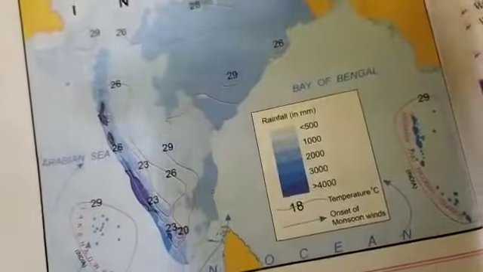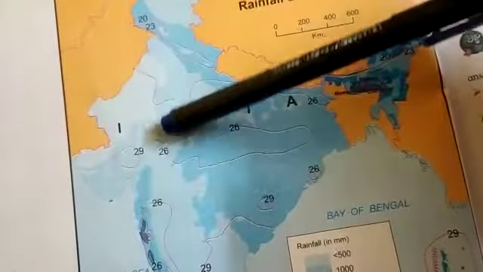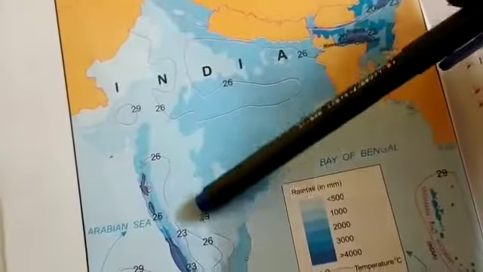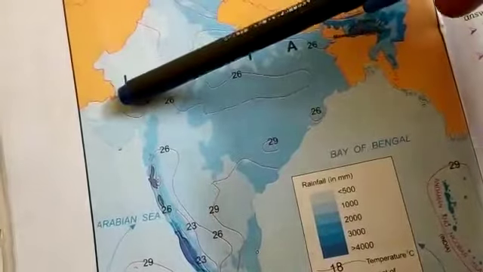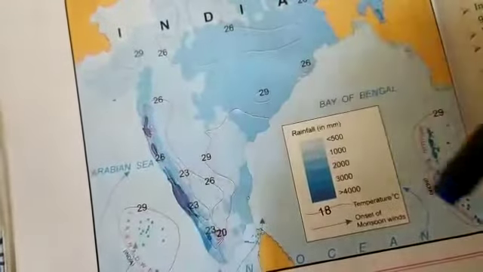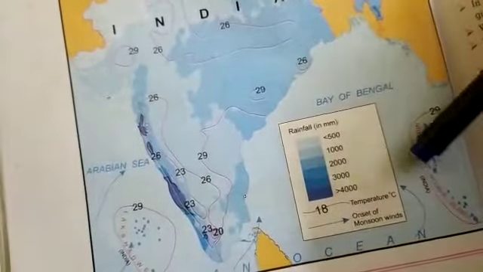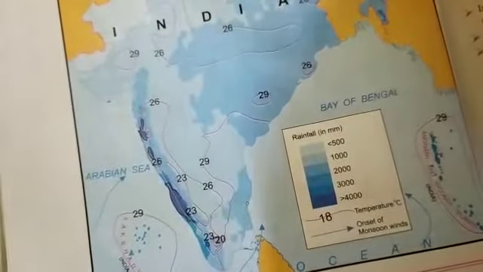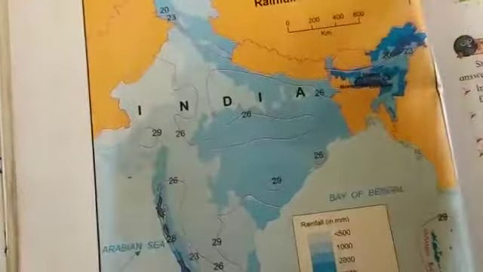So again let me tell you the answer: in the central part of the peninsula, in the southern part of the peninsula, the northwest part of India, and the islands. We don't have to mention the names, so we can write down just 'and the islands'. These are the regions which show maximum temperature in the country.